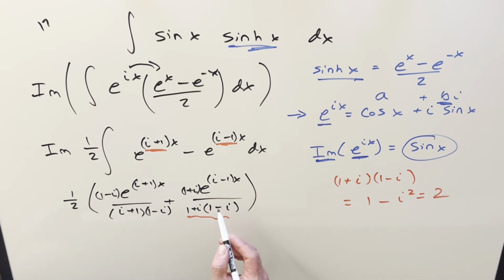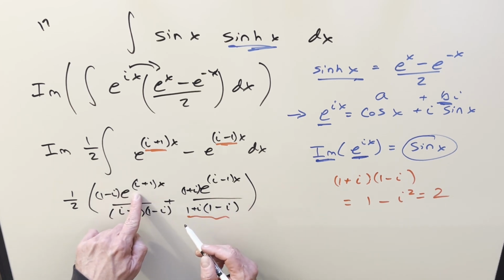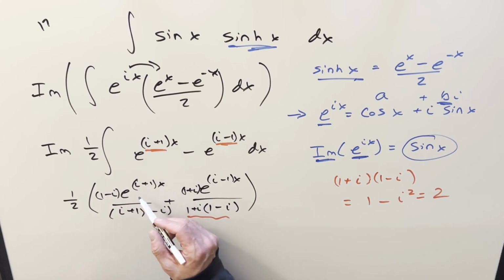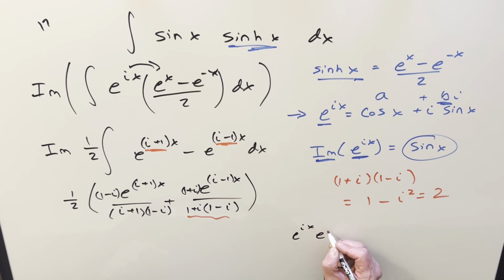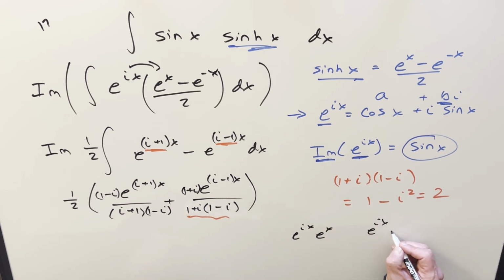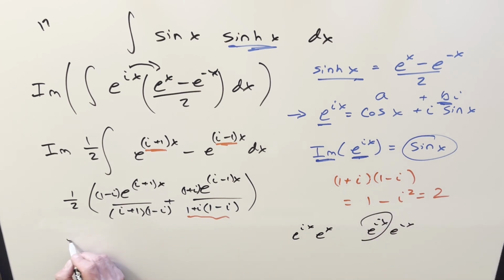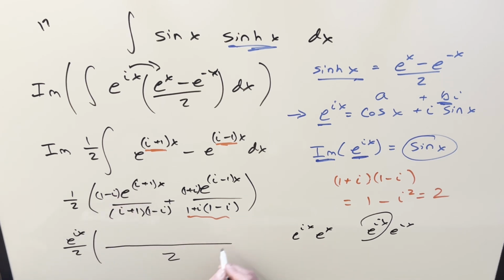One other thing I'm going to do is notice we're going to have an e^(ix) in common. For e^((i+1)x), we can write it as e^(ix) times e^x. And the other one is going to be e^(ix) e^(-x). So I can just factor this out in front. So we'll have e^(ix) over 2, and everything left is going to be over a big 2.